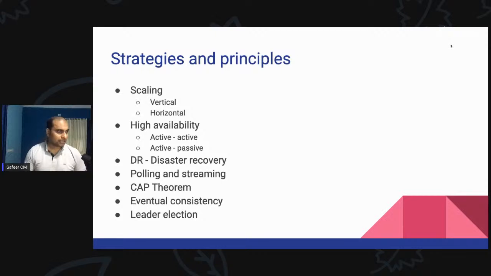A term that you would encounter always is DR or disaster recovery. Disaster recovery is a case where, let's say, there's one data center or one cloud region where you have all your infrastructure set up. You have designed the system well, you have all the HA availability, everything taken care of.